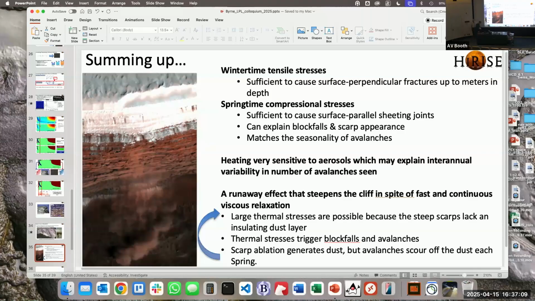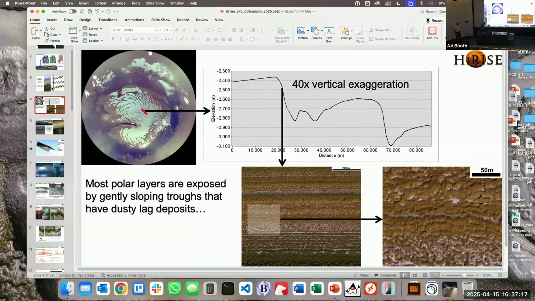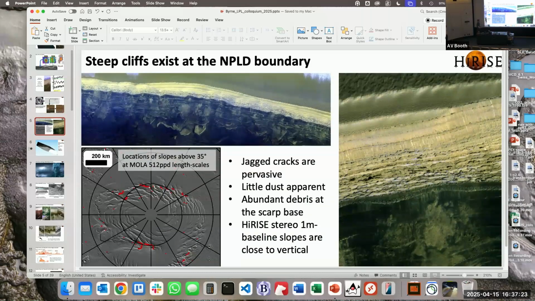Yeah, so a lot of them, I'm gonna go all the way back to this. I think the map at the beginning might be the best summary of where these things are. Yeah, so this map here shows all the scarps that are above 35 degrees, but they don't all have avalanches on them. So almost all the avalanches are in this sector here.